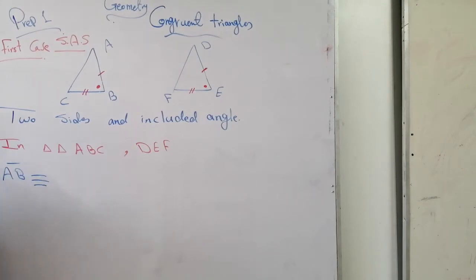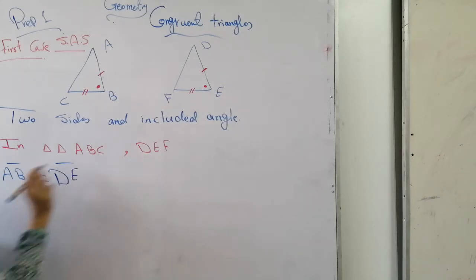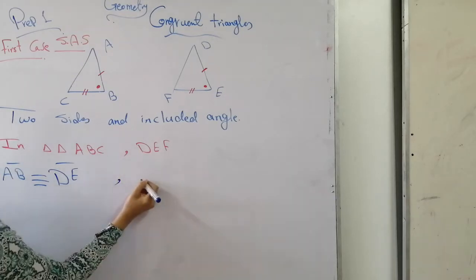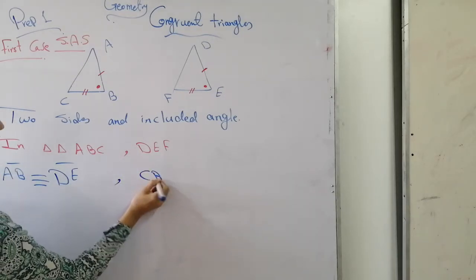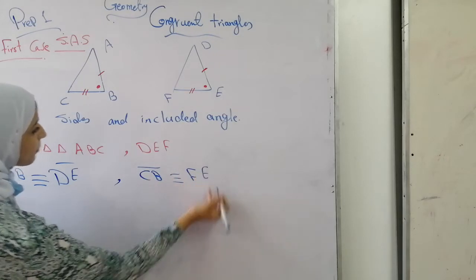I have the symbol of congruency, 3 lines under each other, like this. Side AB is congruent to side DE, and side CB is congruent to side FE.